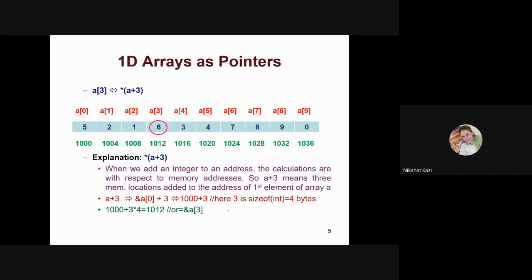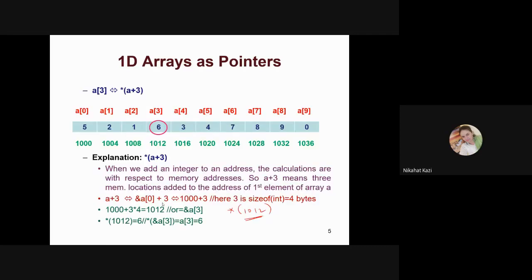That means you are dereferencing what is at this memory location, and that is nothing but this value. Star means dereferencing; you get the value at that location. So A plus 3 gives the address, and star of A plus 3 gives you the value at that location. Is this clear to everyone? Yes, ma'am.